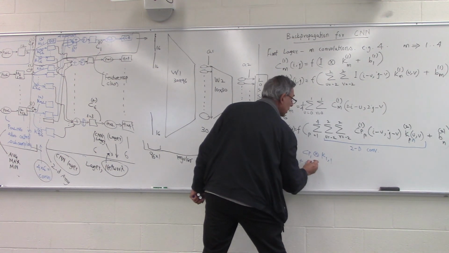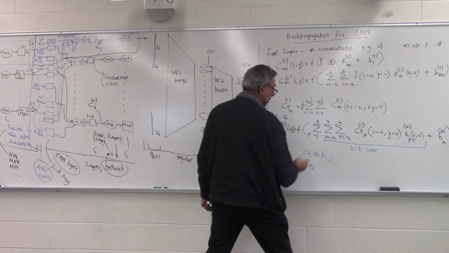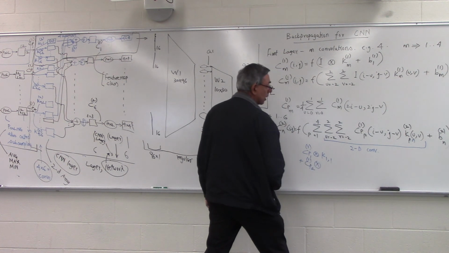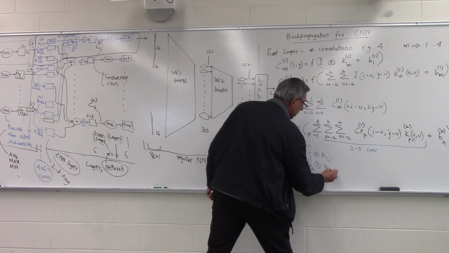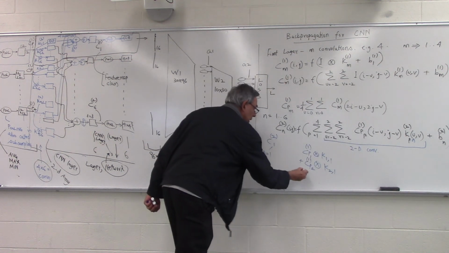CP of 2, from layer 1, we'll be doing the convolution with K2 of 1. P is 2 now, right? And so on.